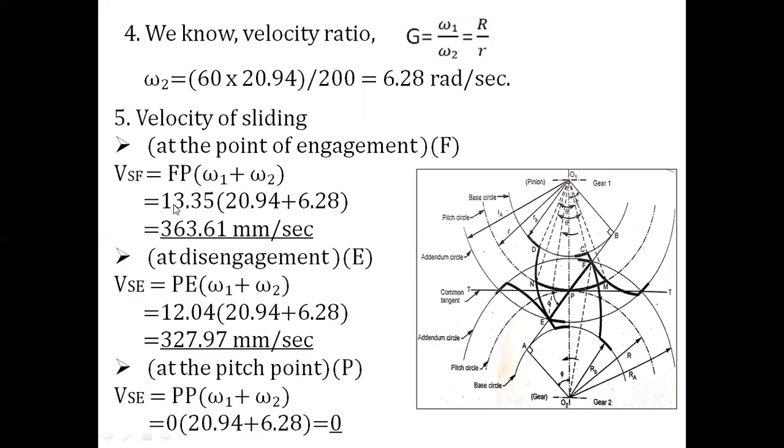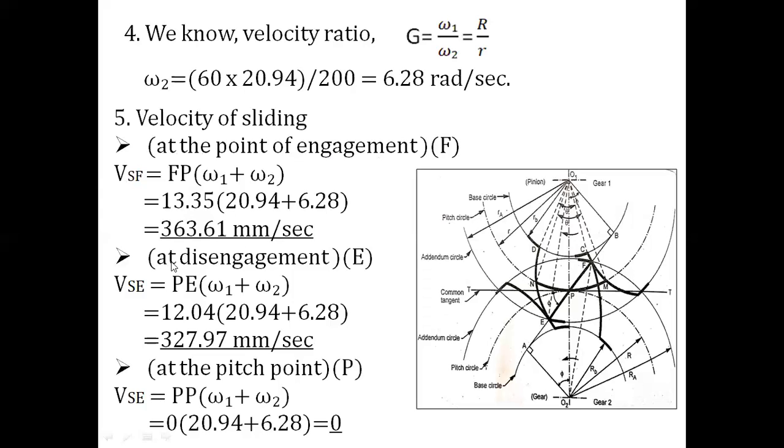The value of FP is nothing but the path of approach, which is 13.35, into omega 1 plus omega 2. So the answer for the velocity of sliding at the point of engagement will become 363.61 mm per second. The unit will be mm per second.